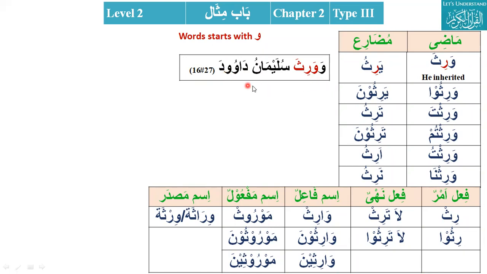Daud inherited Sulaiman. We are just changing that the pesh, the damma, and the nasab. So pesh is the subject, and zabar is the mansub. The subject is always marfu. Sulaiman inherited Daud. Thank you very much, Azhar Bhai.